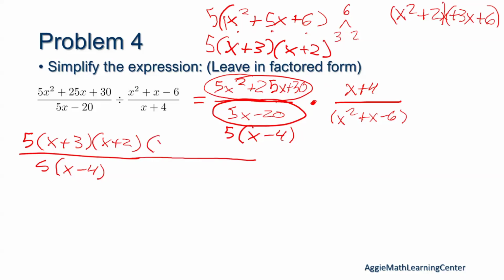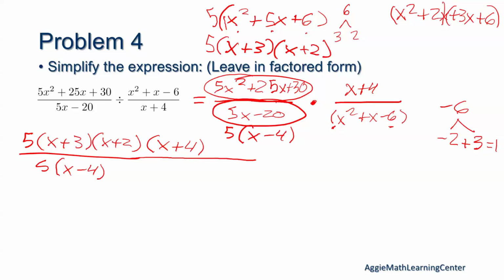And this x plus 4 doesn't factor. Now for this one, we want something that multiplies to -6 and adds to 1. So we can do 3 and -2, because when you add those, you get 1, and when you multiply them, you get -6.